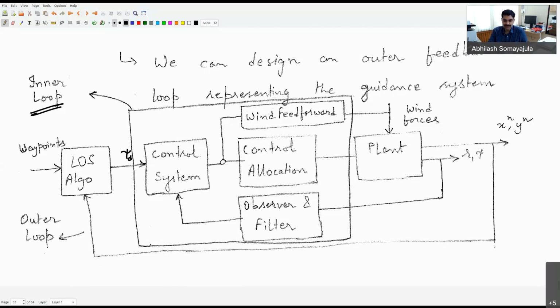And then this control system was looking at a wind feed forward and a control allocation in order to figure out what will be the delta, and that would work with the plant along with the wind forces to generate some heading angles. And that heading angle is being measured through your sensors and is being passed back to the control system. And that is the architecture we have looked at so far, where this desired heading angle was coming from a third order filter.